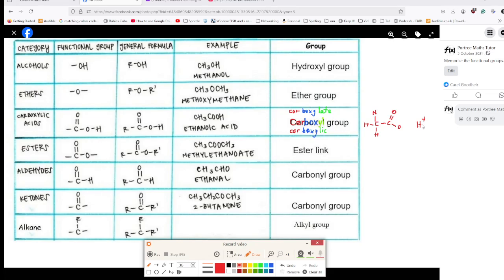That's the definition of an acid. It makes hydrogen ions, and it leaves behind a carboxylate ion. So that's carboxylate, this ion here. And the whole thing together with the hydrogen would be a carboxylic acid.